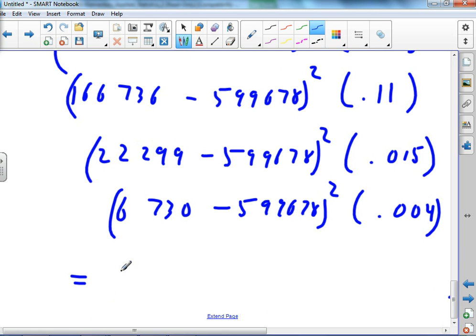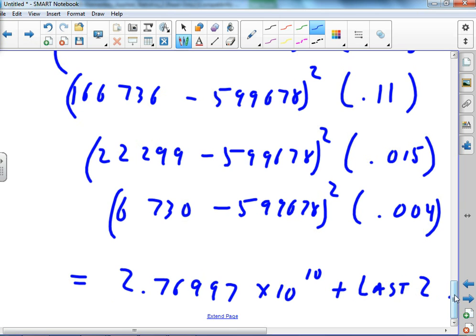So I got 2.76997 times 10 to the 10th plus last 2. Okay, so I can go second function answer plus, so I didn't really have to write that down, close parentheses.